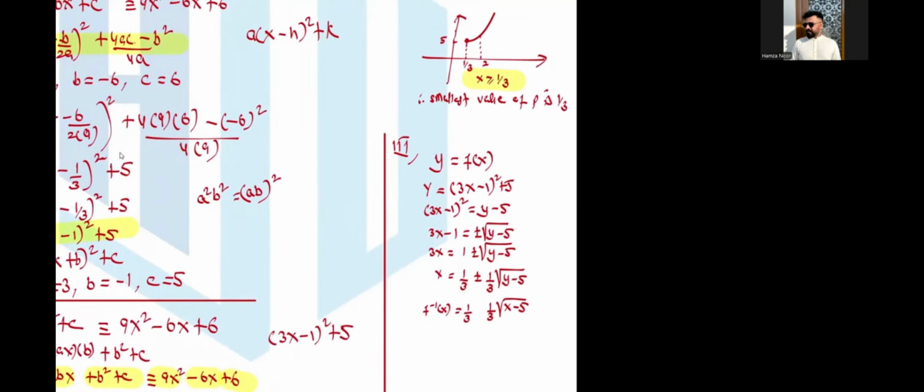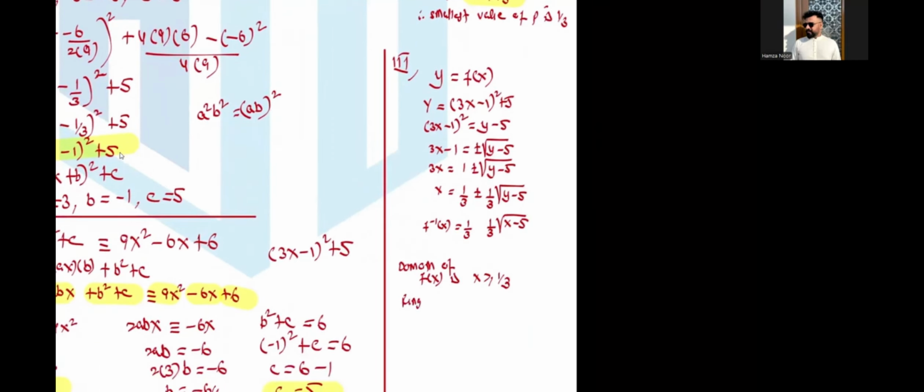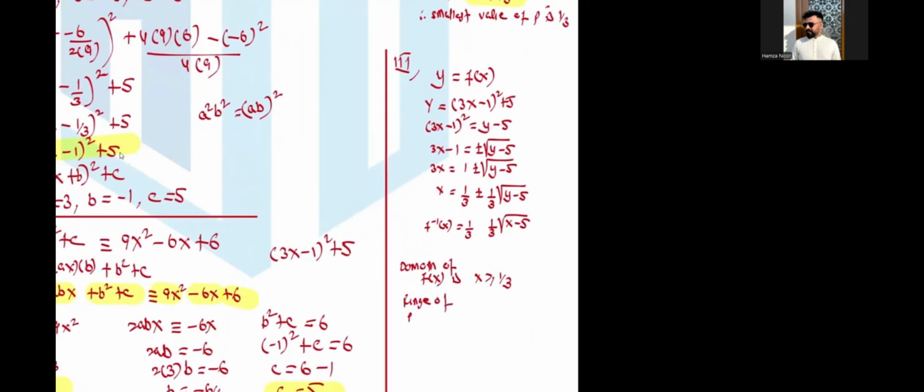We have seen that the domain of f(x) is x greater than or equal to 1/3. So this will become the range of the inverse function, the range of f inverse x. So f inverse x will be greater than or equal to 1/3.